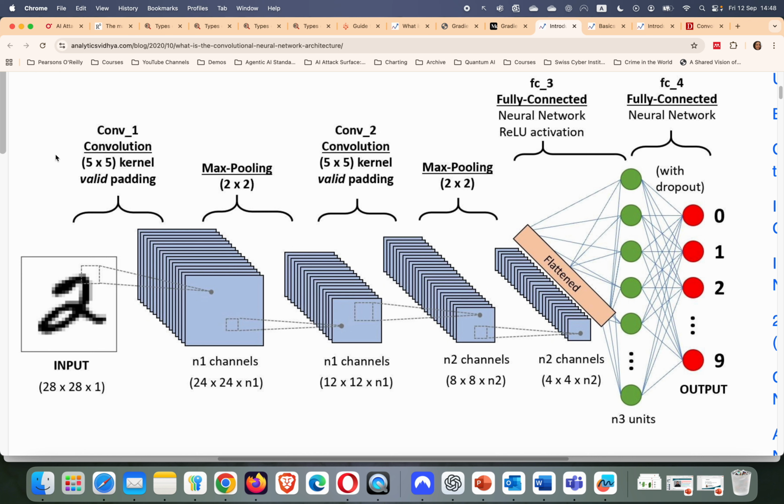But here we have the input, and then you have the kernel pooling, then the convolutional kernel padding that leads to the fully connected neural network, and then you get the dropout rate and the output.